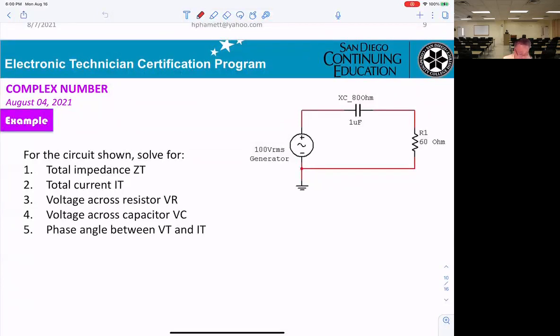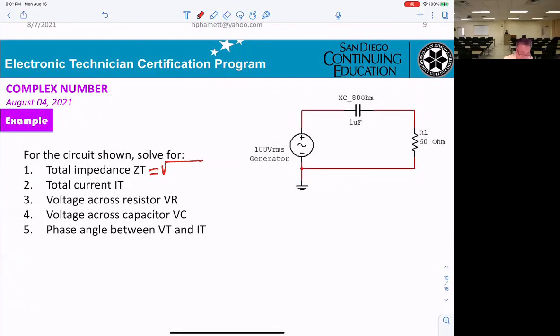They calculate the total impedance. So you know the formula? How to calculate the total impedance for this RC series. I believe square root of XC squared plus R squared.